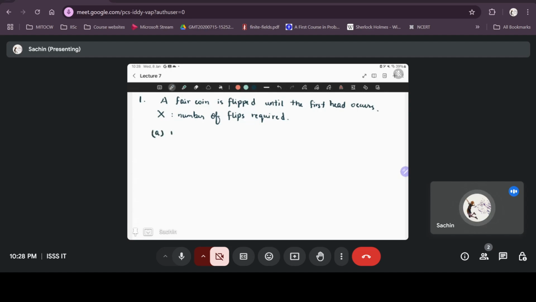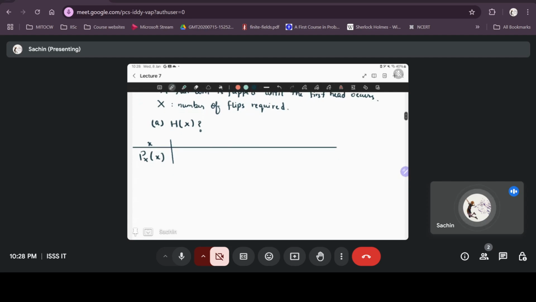And part A asks what is the entropy H of X. So we need the possible values that the random variable X can take and the probability that the random variable X takes that particular value. I'll write that down in the form of a table.